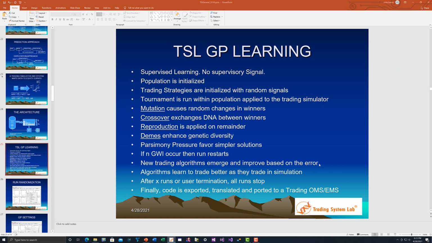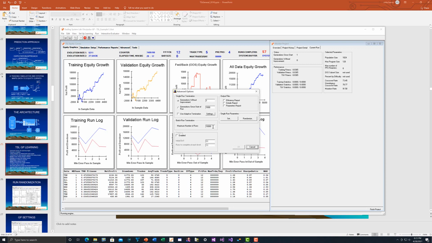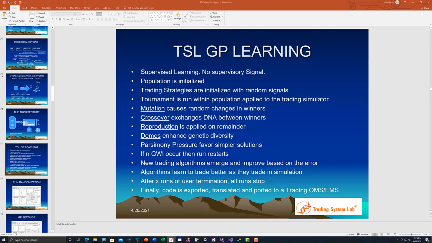New trading algorithms emerge and improve based on the error function that we've discussed. Algorithms learn to trade better as they trade in the simulator. And after X runs or user termination, all runs stop. Right now, I have stop criteria set at 10,000. I'm never going to get that high, but that's where the run would stop if I let it run that long. But I'm going to terminate it long before that. Finally, code's exported, translated, and ported to an OMS EMS.